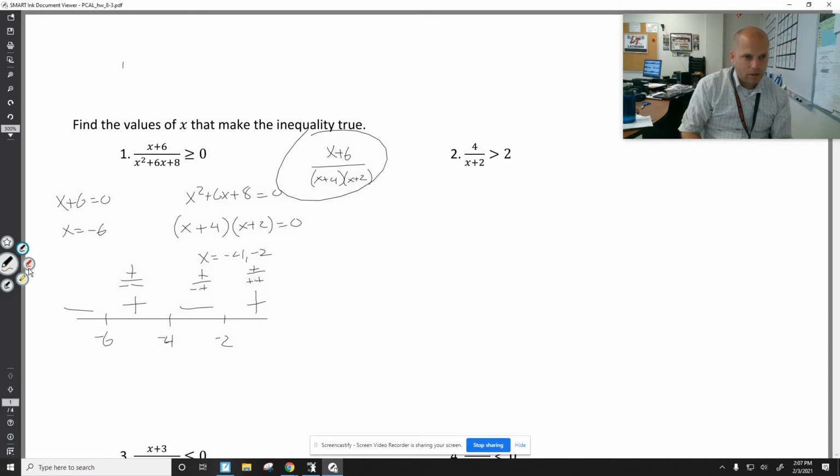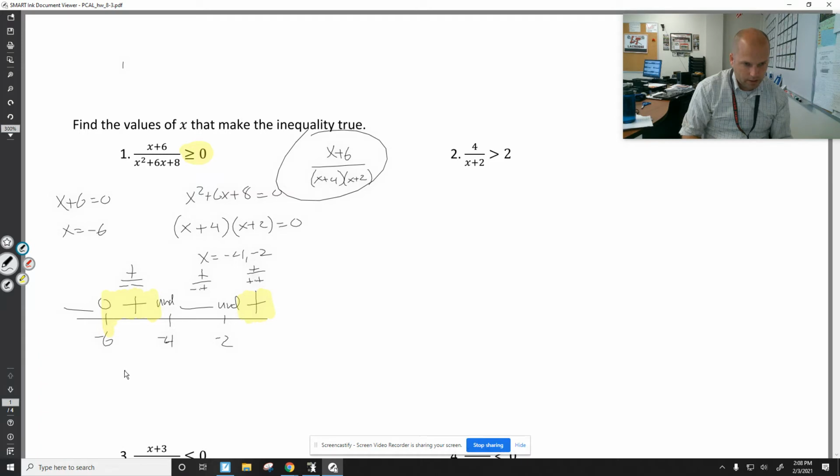Anyways, now we're looking for when we are bigger than or equal to 0. I've done the sign analysis. Now, it's very important. -6, -4, -2, they're not all 0. It's just the -6 that's the 0. -4 and -2 are when we have an asymptote or we don't have a defined function value. So we're finding our intervals, including the zeros. We're only going to include -6, but we're not going to include -2 here.